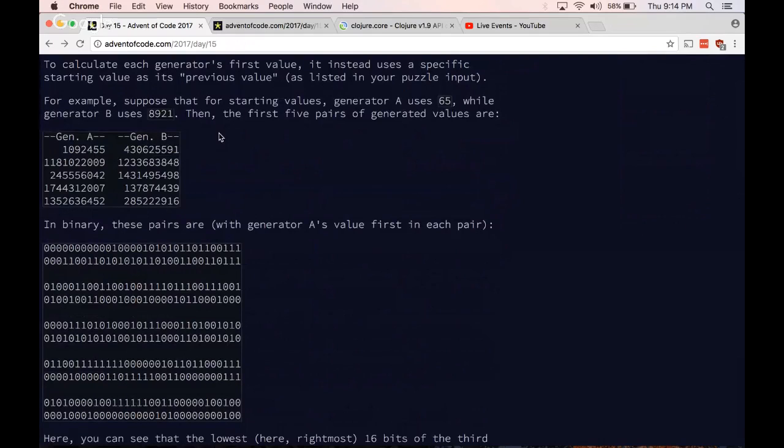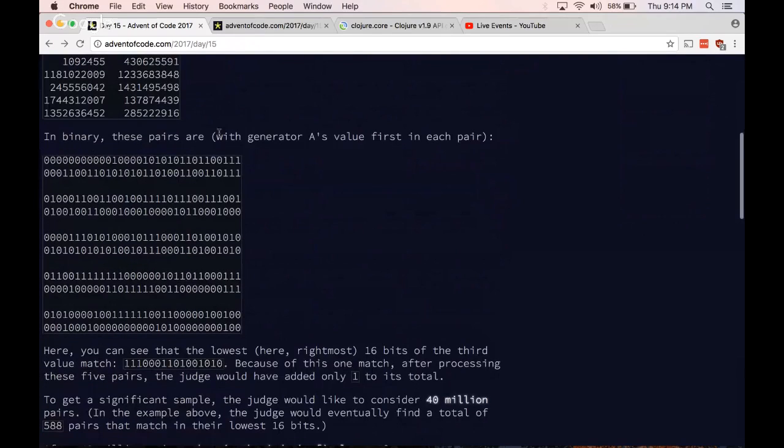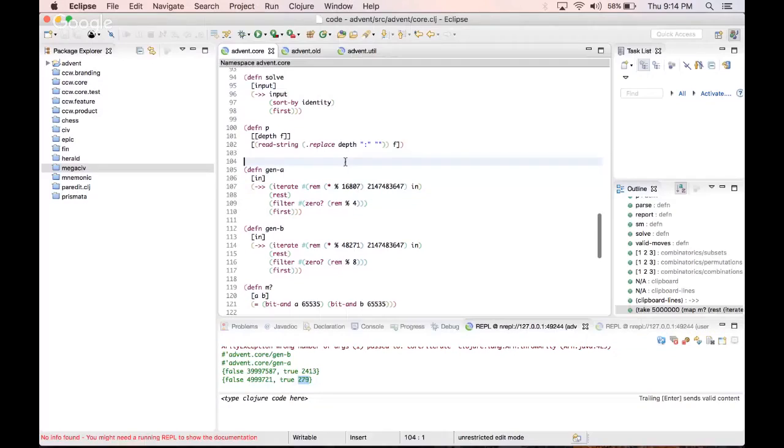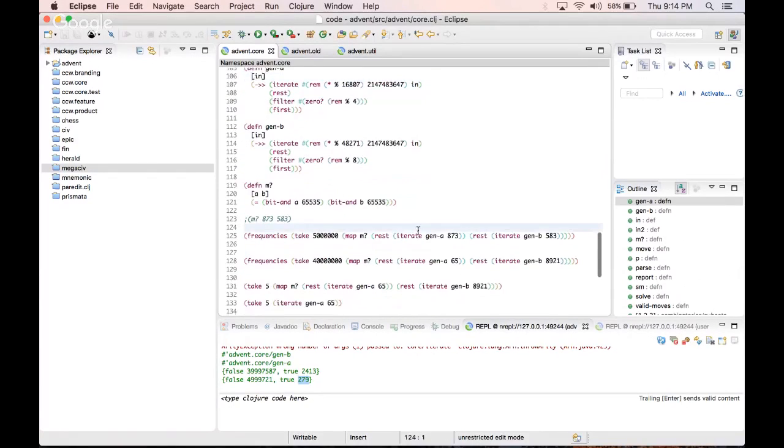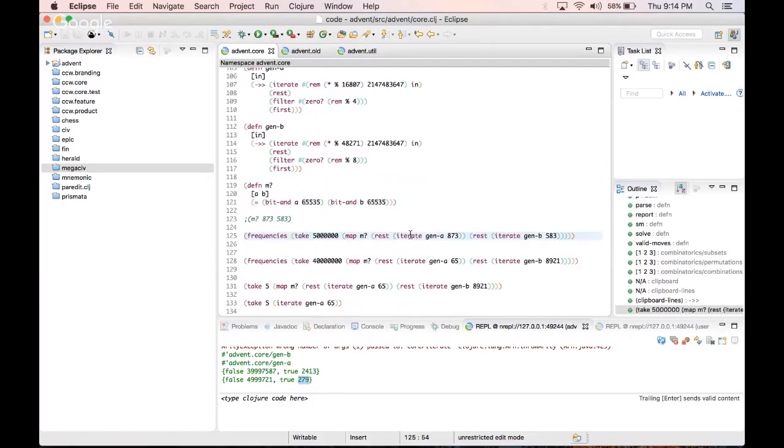But yeah, the implementation that I started with for generators was I just implemented a generator as a function from the last input that it had, and then I ended up using the iterate closure function. So one snag there is that I had to call rest on it because the generator doesn't actually produce its starting value.